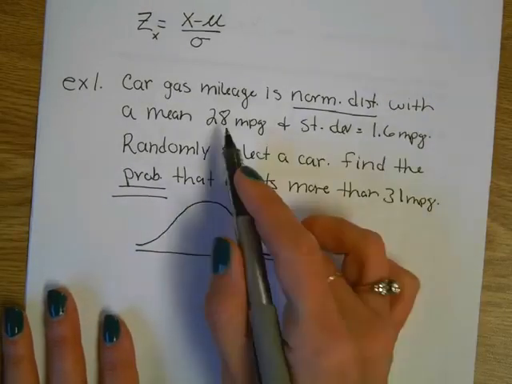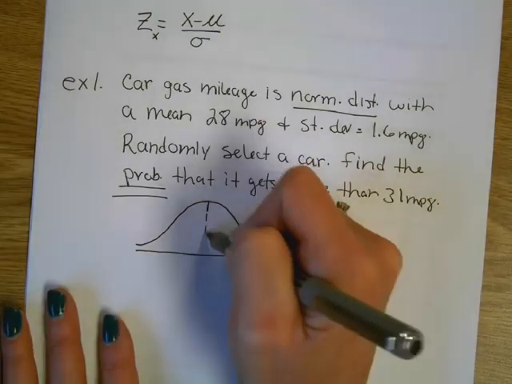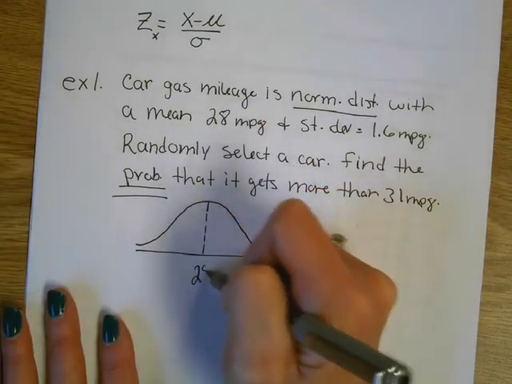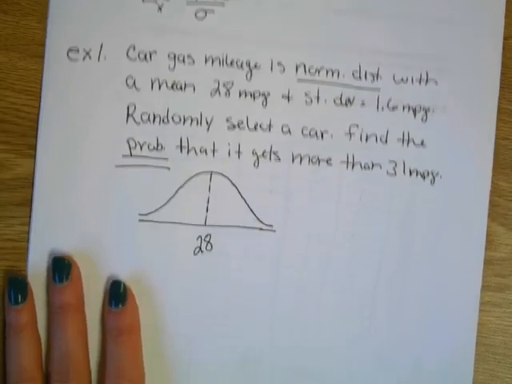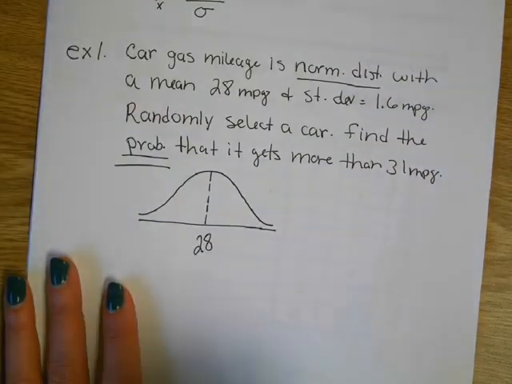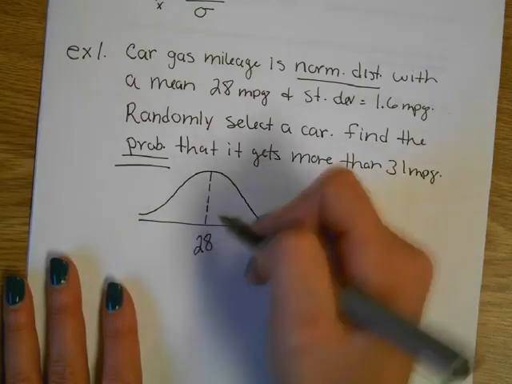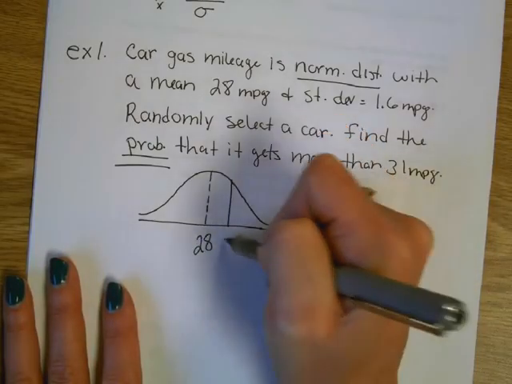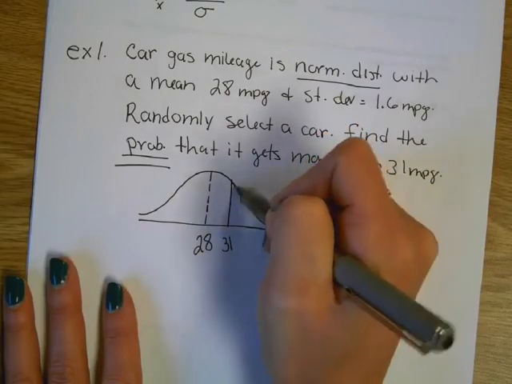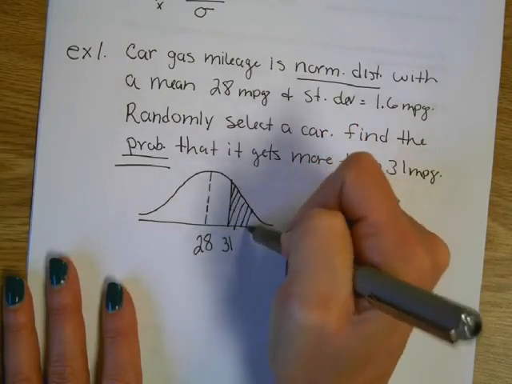Here's what I know. The average is 28. I am looking for the probability that the car I select gets more than 31 miles per gallon. Well, that's over here somewhere. 31's over here. More than would be any car in this chunk of the graph.